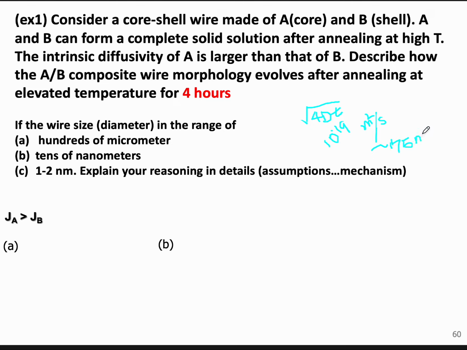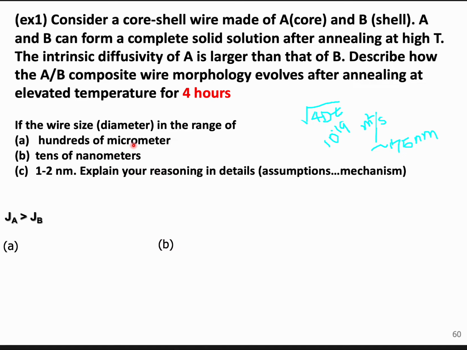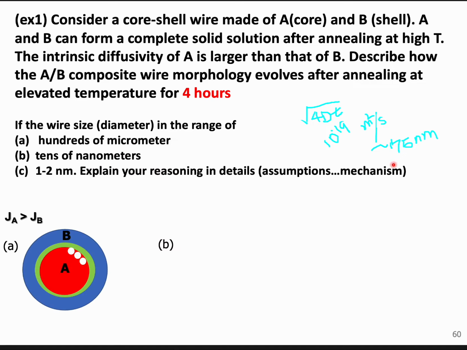You can consider it roughly 100 nanometers. The material here is hundreds of micrometers, so it's only about 100 nanometer diffusion. So this green region is around 100 nanometers.